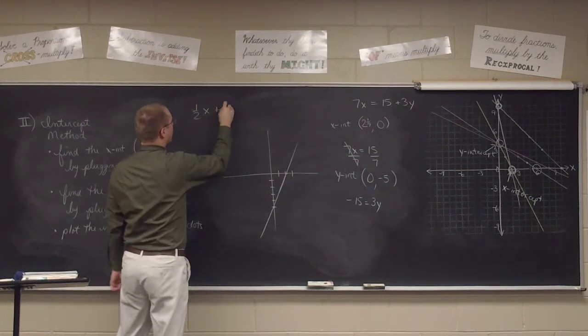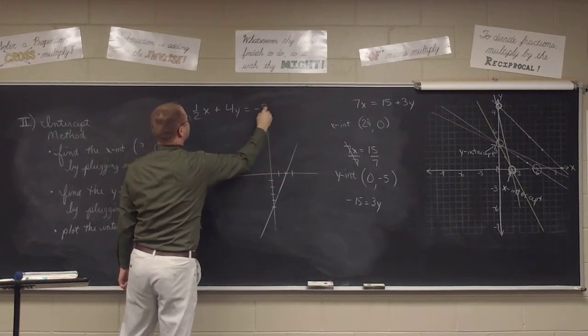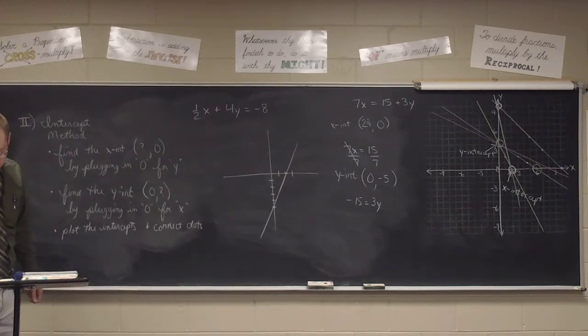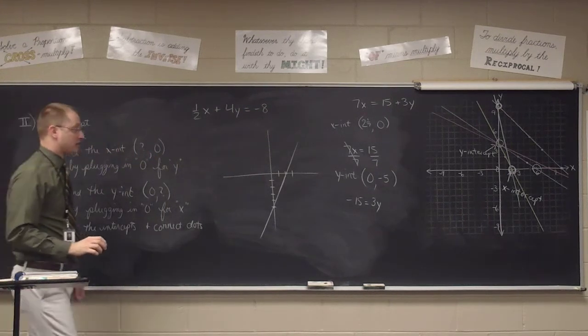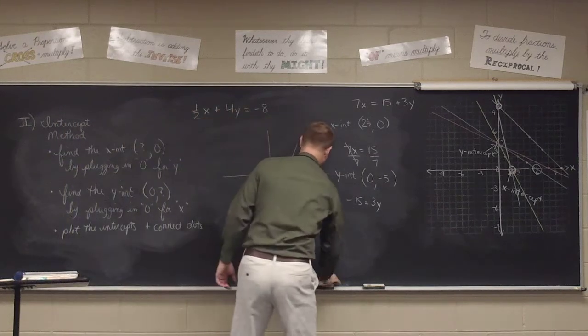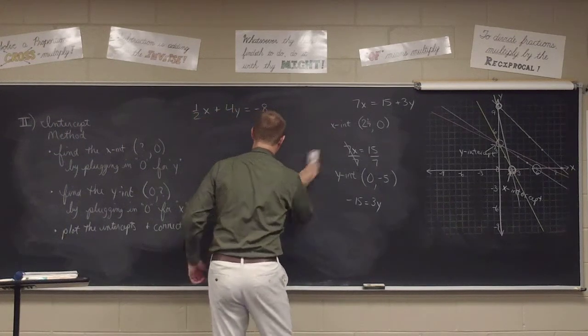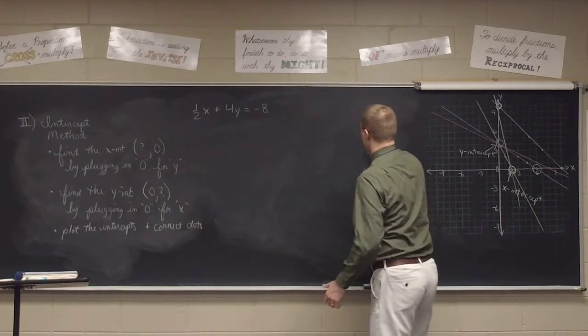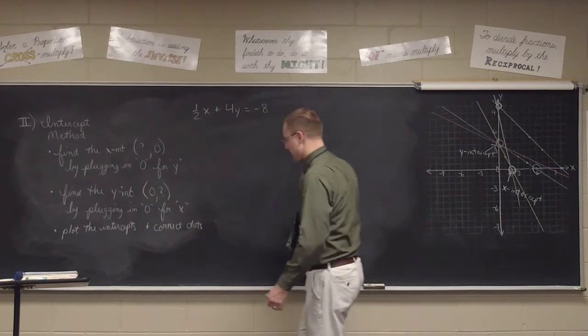1/2 x plus 4y is equal to negative 8. A half x plus 4y equals negative 8. At your seats, find the x-intercept.